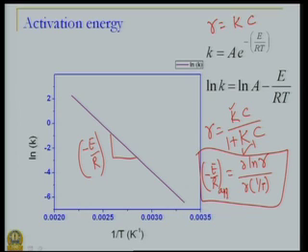Why are these apparent order and apparent activation energies required? As we will see later on, not just for this kind of reactions, but reactions where transport is important, we find that the rate of reaction actually may not be given by the kinetic rate expression such as this, but it may involve transport processes, diffusion, mass transfer rate. So, the rate may actually be governed by the diffusion rate, for example.